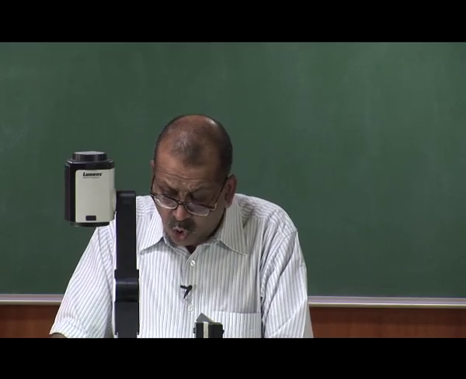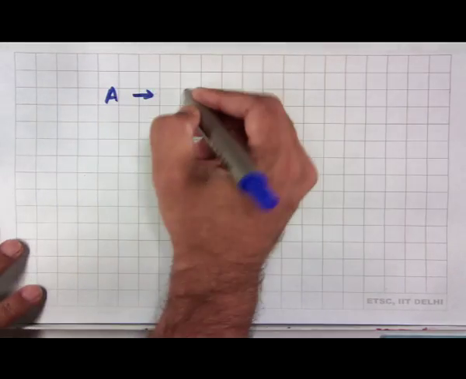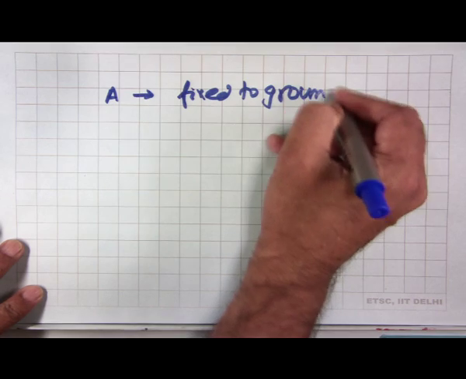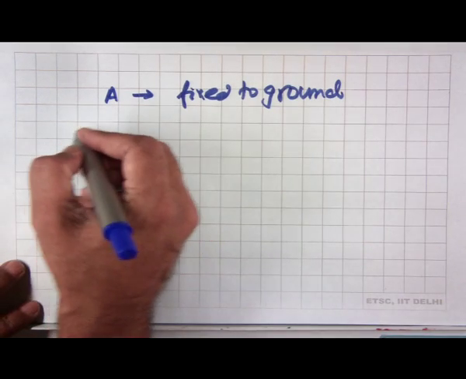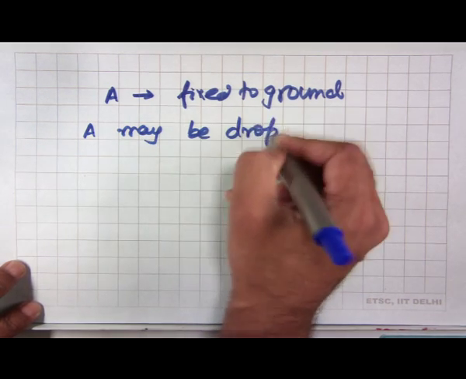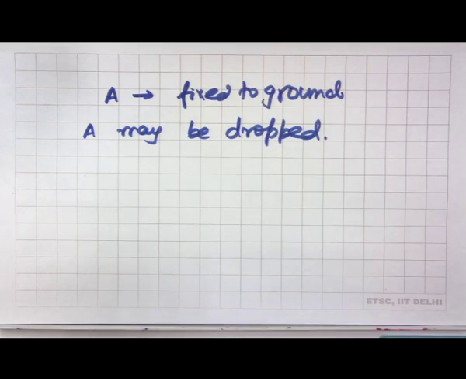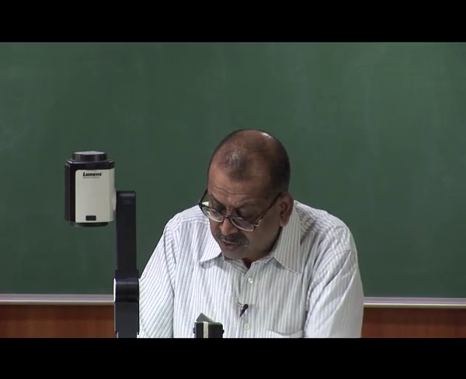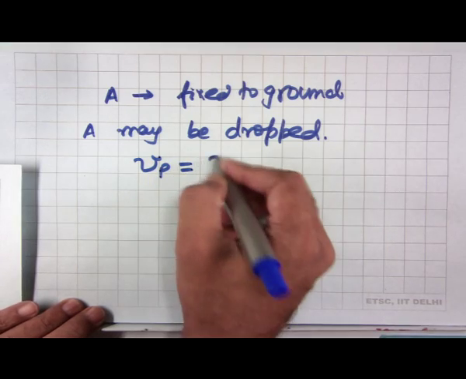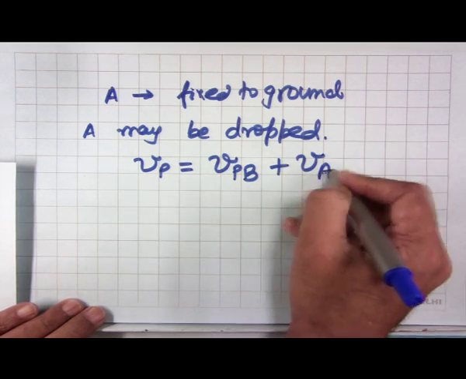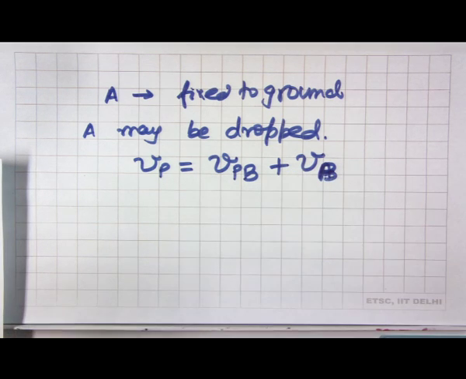Now, often frame A in a lot of cases will be fixed to ground, and when it is clear that frame A is fixed and is an obvious frame, then we do not write it, and the relation becomes VP is equal to VP with respect to B plus VB.